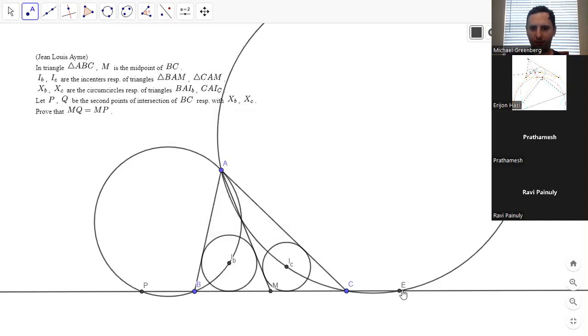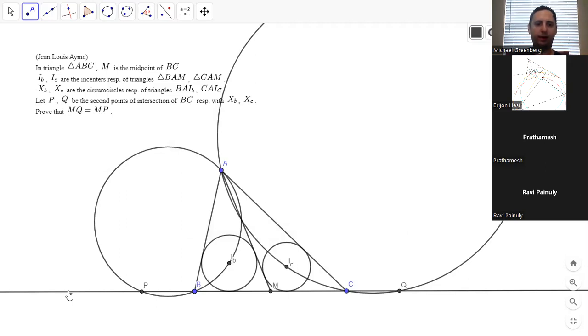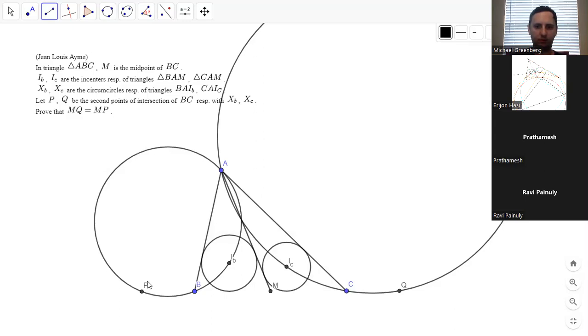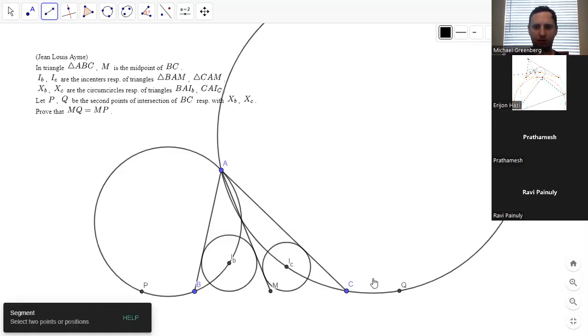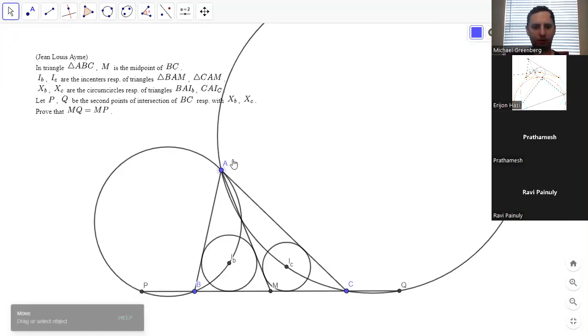And we want to show MP is equal to MQ, which is the same as showing that M lies on the radical axis of those two circles. Or we could show PB is equal to CQ.